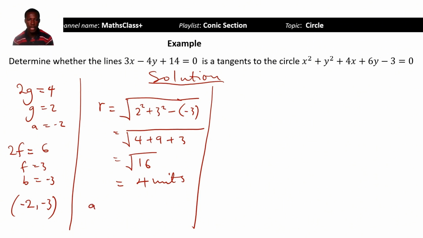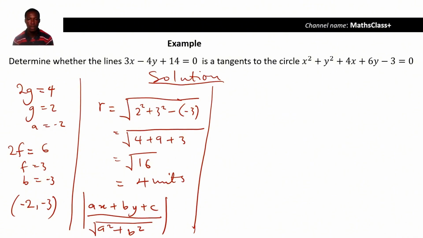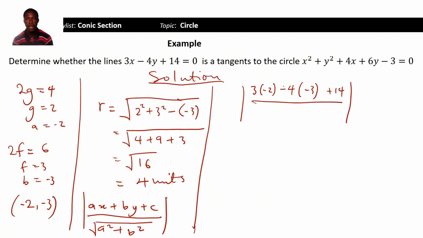So as usual, ax plus by plus c divided by the square root of a squared plus b squared, and that will give me 3 times negative 2 minus 4 times negative 3 plus 14, divided by the square root of 3 squared plus negative 4 squared.